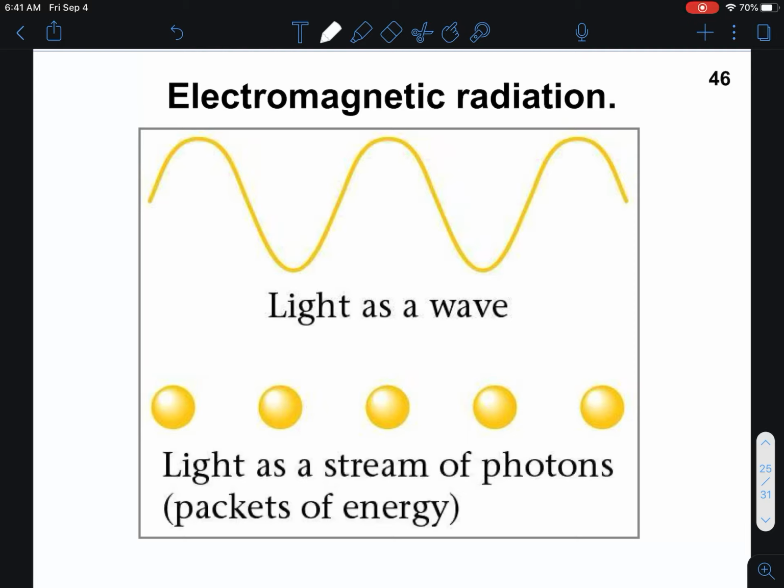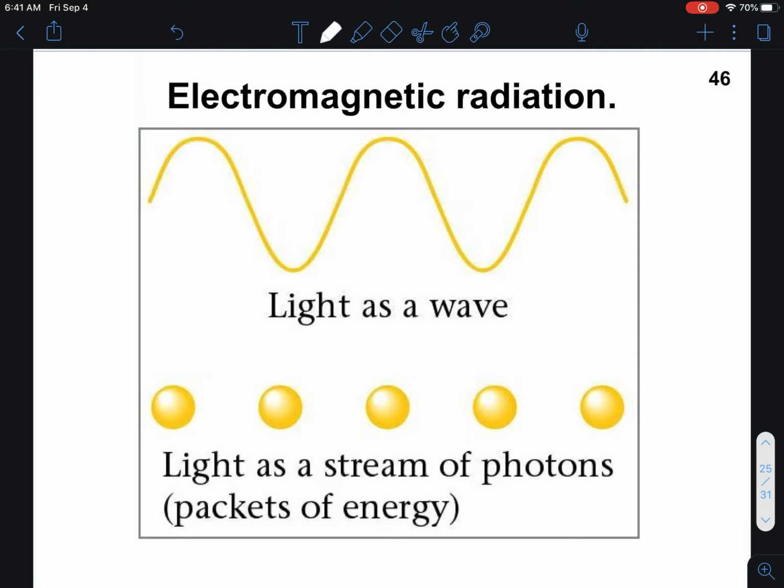A couple more equations that we'll be using more often than E equals mc squared. C, remember, is the speed of light, equals that weird upside-down y, which is known as lambda, times what looks like a v but is actually the Greek letter nu. Lambda is the wavelength, how far it is from one wave to the next.